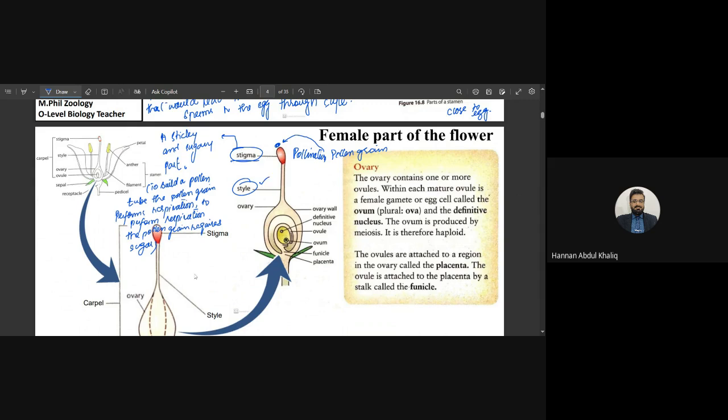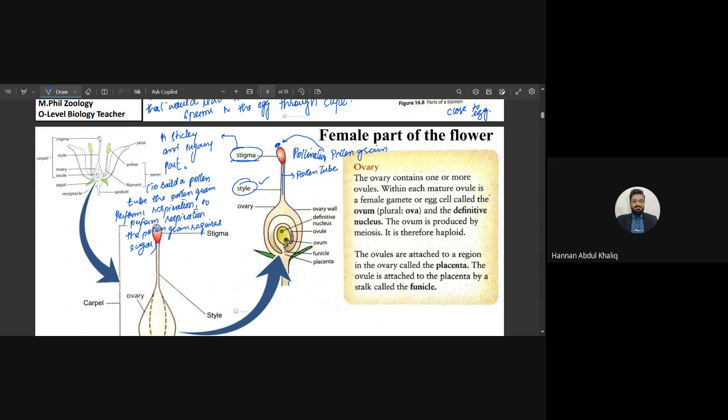Yeah. Now I told you the purpose of the style. The style is there to check the fitness of the pollen grain, because remember that the pollen tube would be made through the style. If the pollen tube is not fit enough, it would not be able to pass through the style to reach the egg, and obviously that would not be good news.